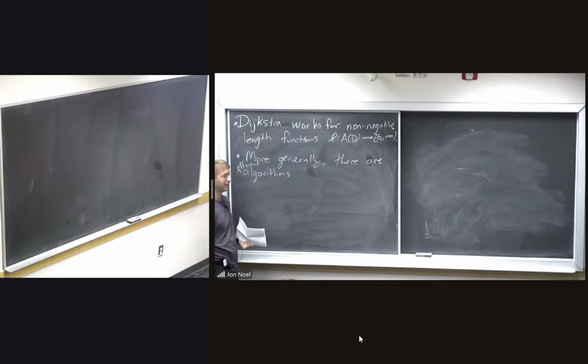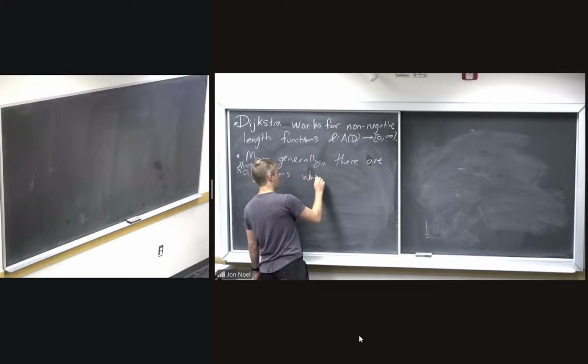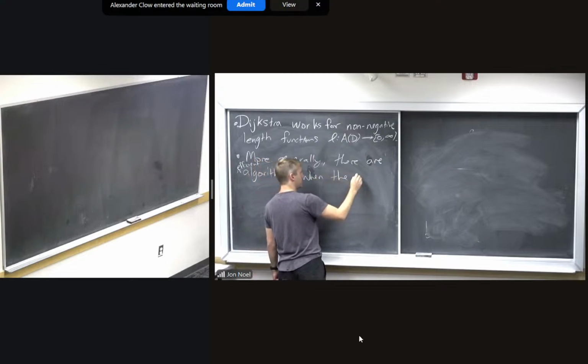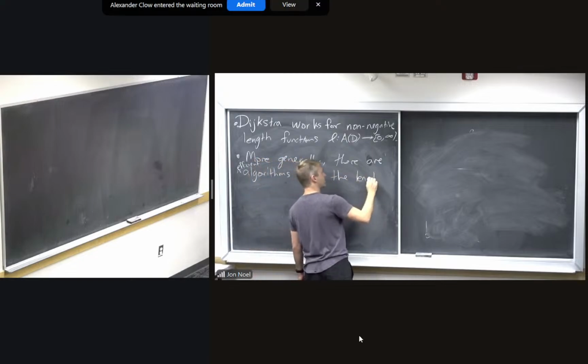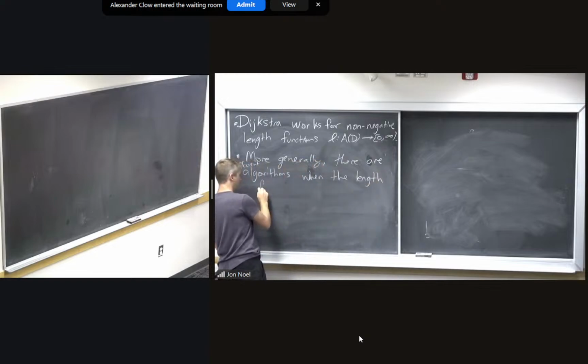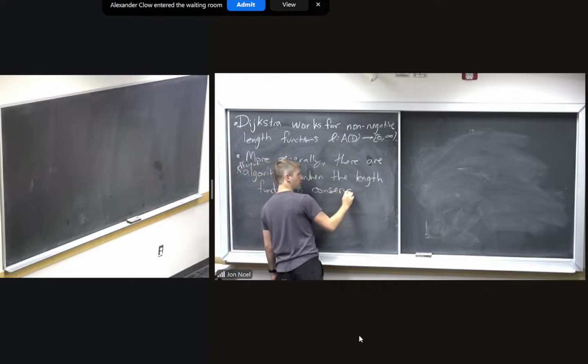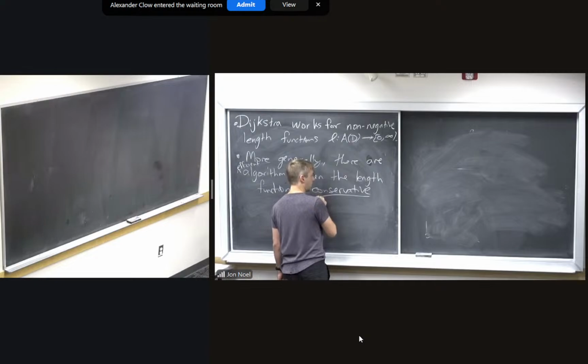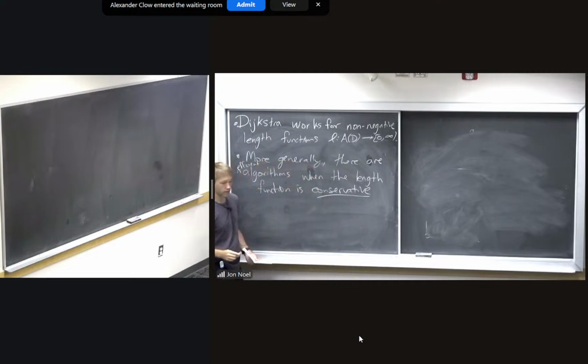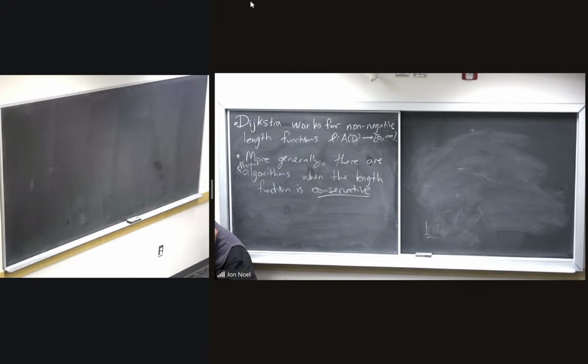But we care about efficient algorithms when the length function is conservative. I'll tell you what that means. Conservative just means that there are no negative cycles.